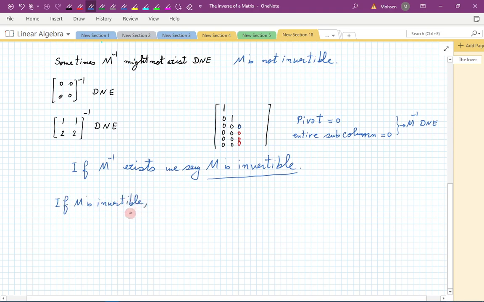Meaning if somebody correctly finds M inverse, then anybody else who tries it, regardless of what kind of steps the other person uses, will come to the same conclusion as to what the inverse is. Okay, so I'll let you read about this one in the text.